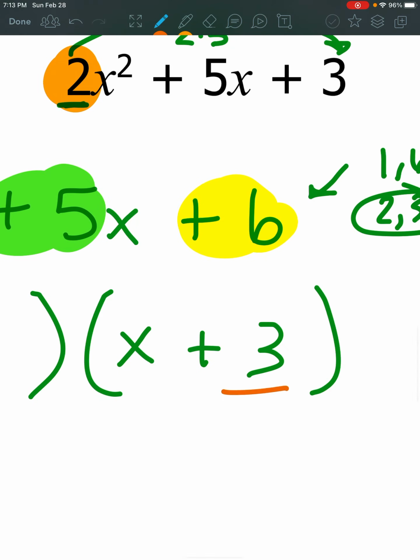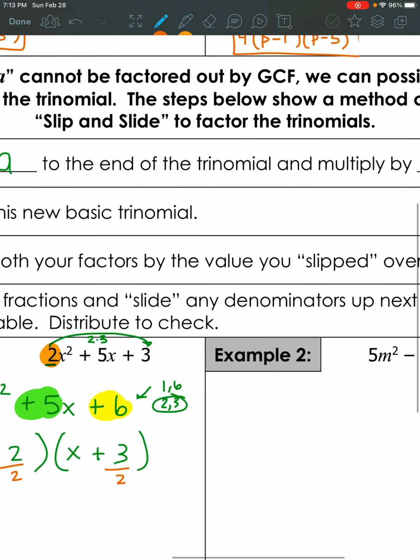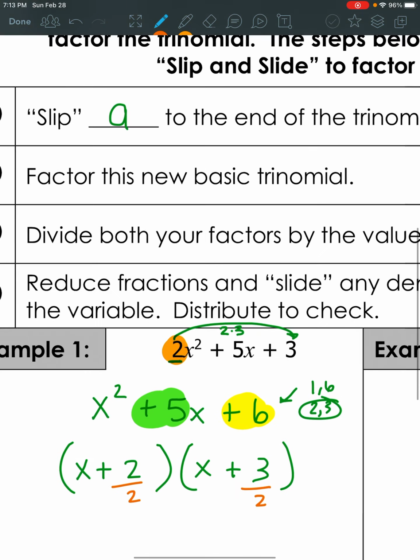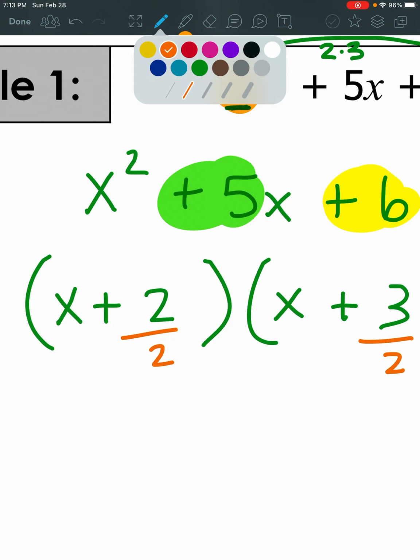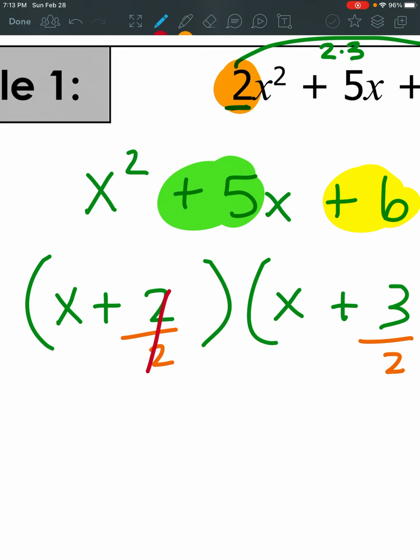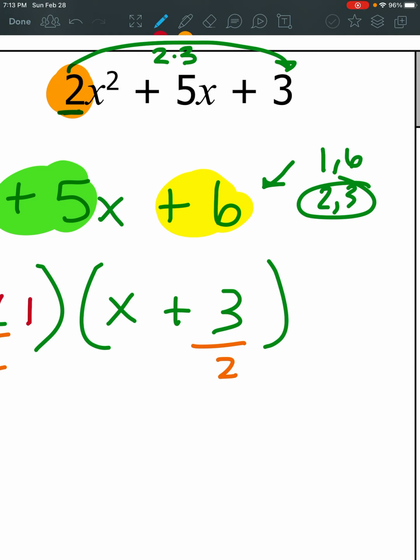So both binomials are going to be divided by the a term. Step 4, reduce the fractions and slide any denominators up next to the variable. Distribute and check. Now we want to simplify. If it simplifies to a whole number, like 2 over 2, that simplifies to just 1. 3 over 2 is simplified, so keep it improper, since we can't divide both 3 and 2 by a number besides 1.